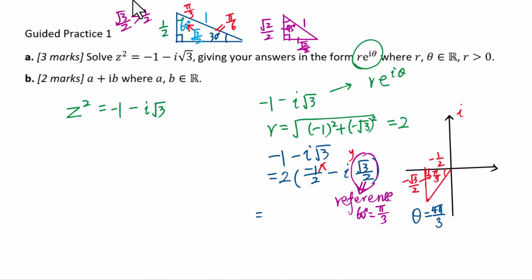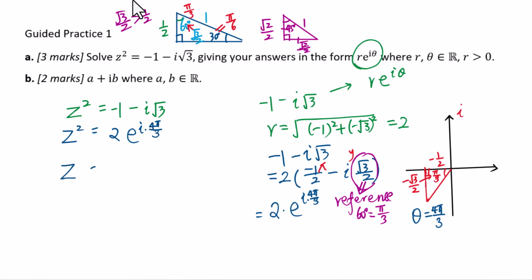Therefore, we have 2 times e to the power of i times 4 pi over 3. z squared equals 2 times e to the power of i times 4 pi over 3.